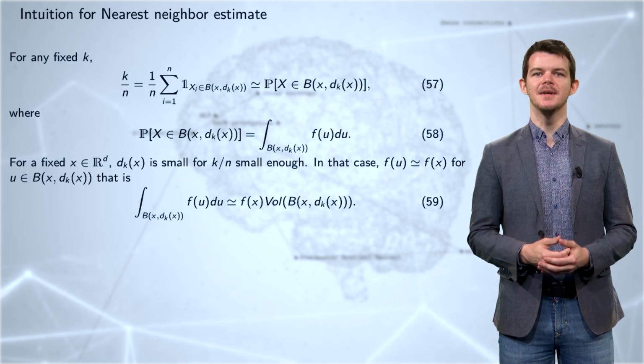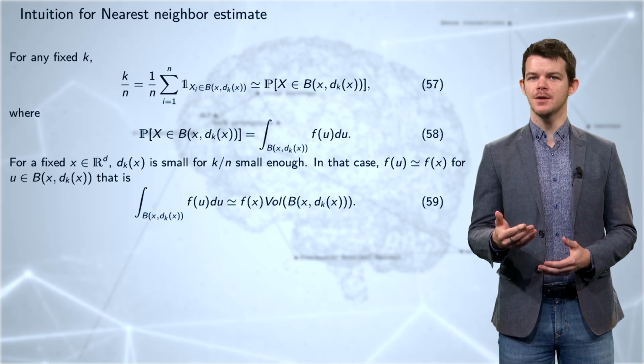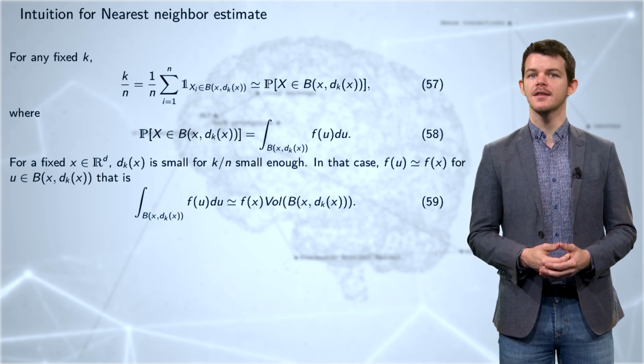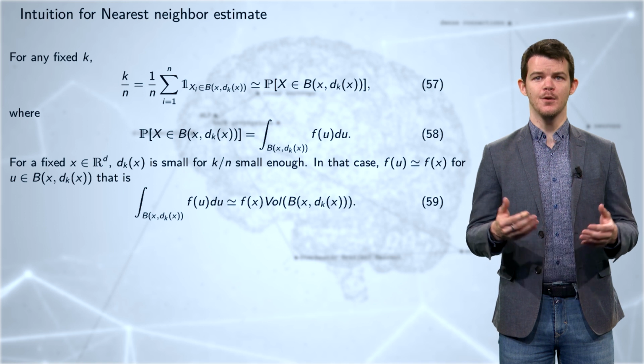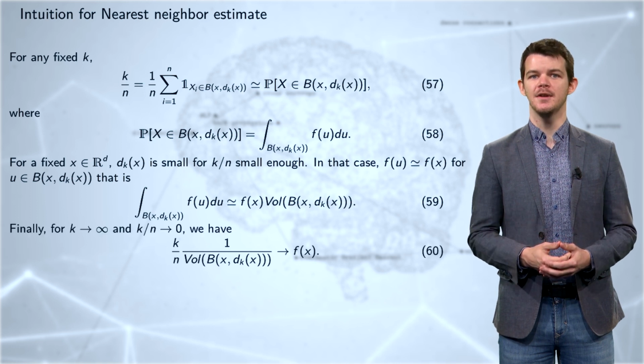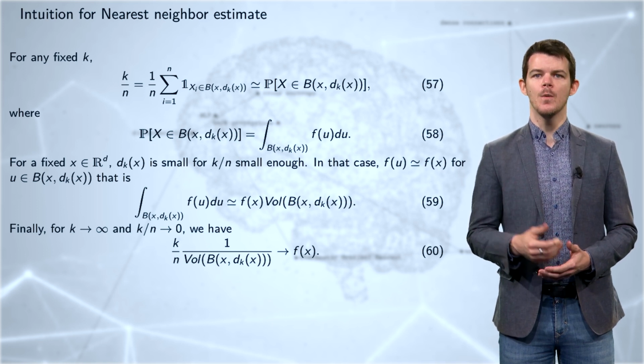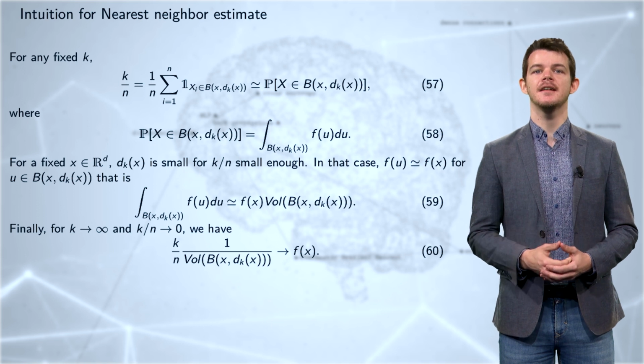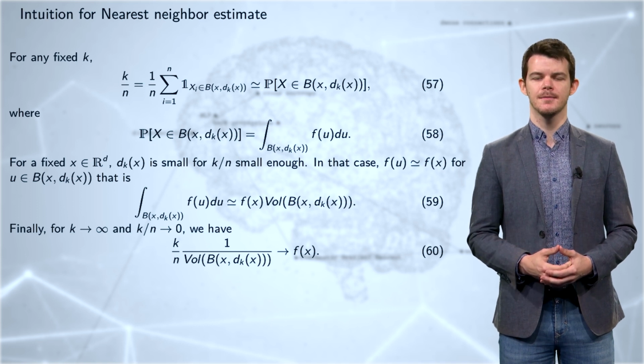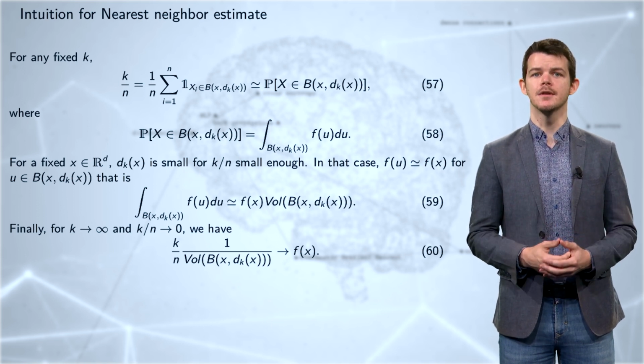The probability can be approximated by equation 59 if additionally k over n is small enough. Therefore, for k and n tending to infinity such that k over n tends to 0, one has equation 60, where the left-hand side is exactly the k nearest neighbor estimate. This gives intuition on why this estimate is consistent.